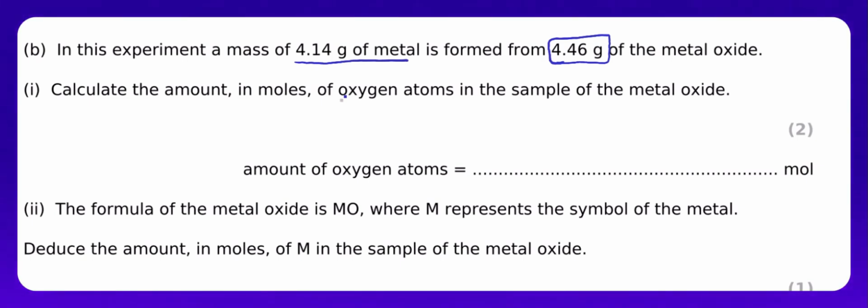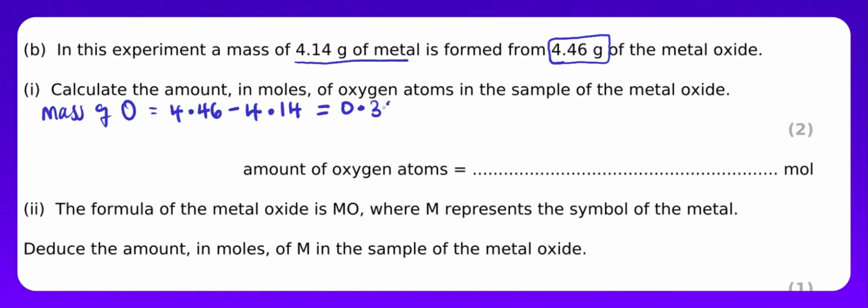So that will be 4.46 minus 4.14. The first thing, before you find the moles, is to find the mass of oxygen atoms. So mass of oxygen atoms will be equal to 4.46 minus 4.14. This turns out to be 0.32 grams. Good. So then how do we find the amount?